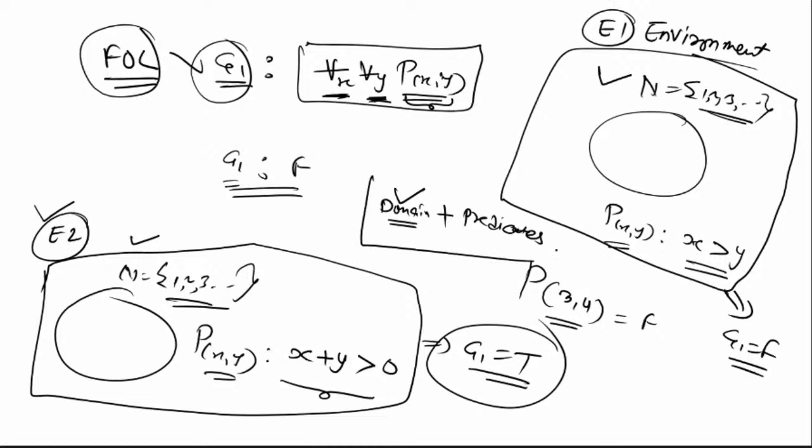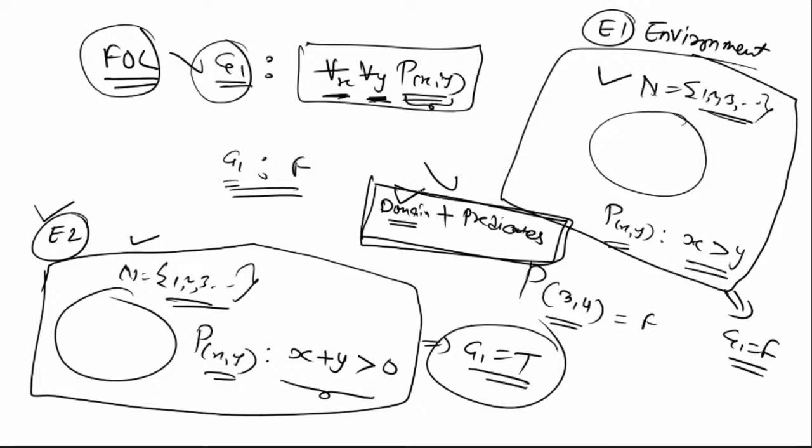So if you have these two things, then you have this complete information about the formula G1. This is called the environment of G1, or you can say this is basically your interpretation of G1. So either you can call it environment, or you can call it interpretation of G1.